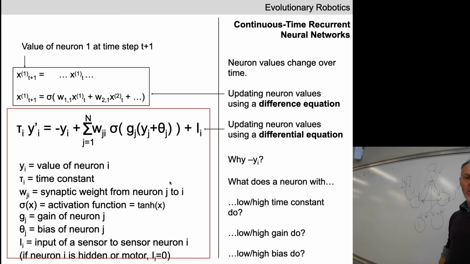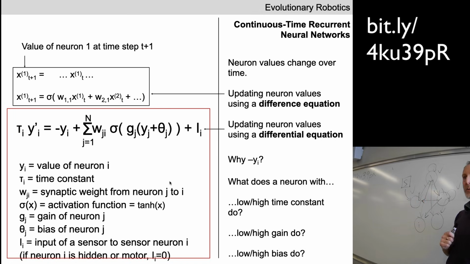All right. So now we've described the behavior of a single neuron. Now I want you to remember that in our CTRNN, we have uppercase N neurons. So if we have a 5-neuron CTRNN, we can completely describe the behavior of that CTRNN with 5 ordinary differential equations.